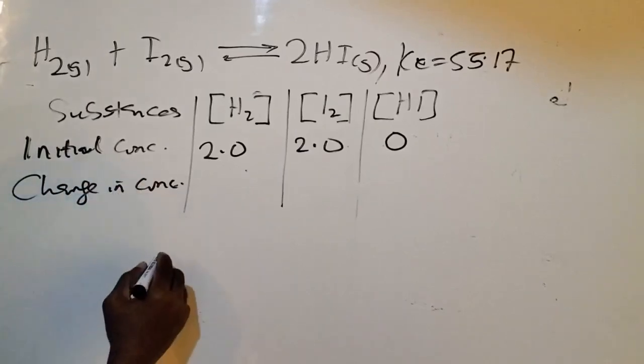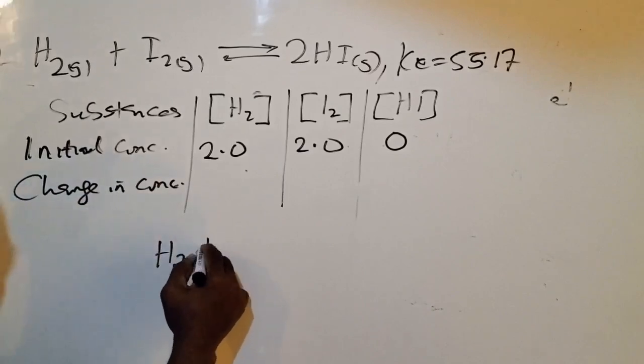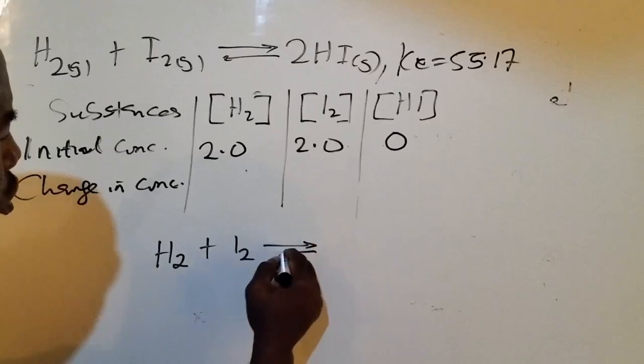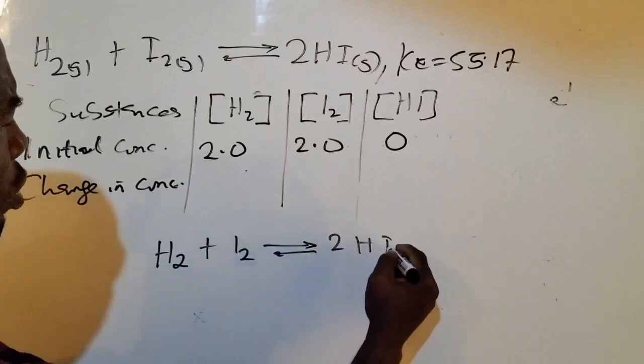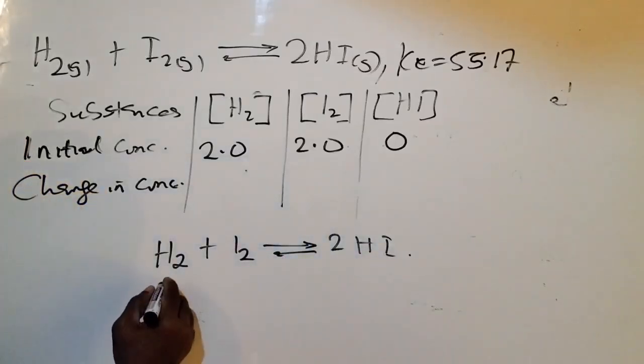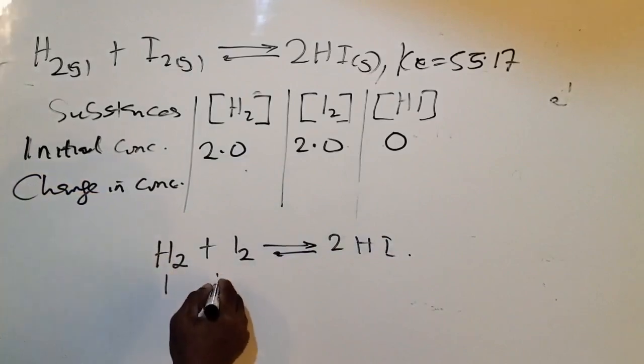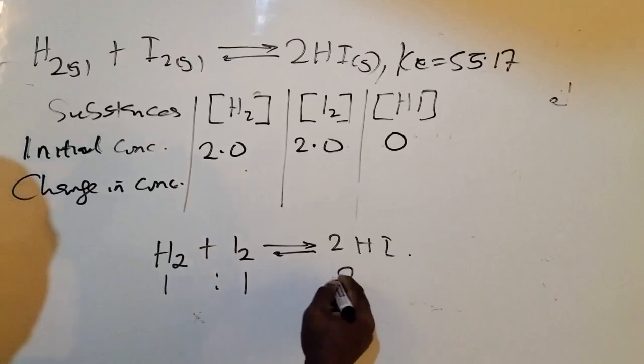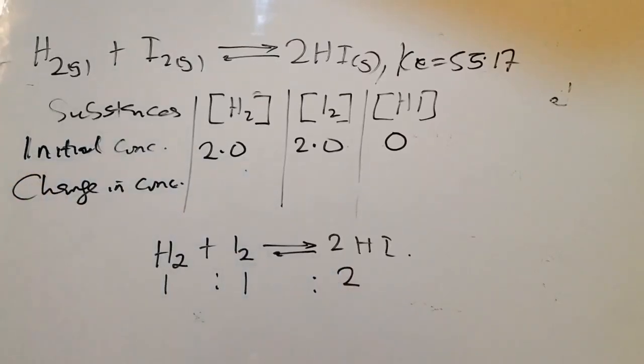Before we do that, we'll go to the reaction stoichiometry. The mole ratio is 1 here to 1 there, and then 2 over there. So 1 mole of hydrogen combined with 1 mole of iodine to give us 2 moles of hydrogen iodide.